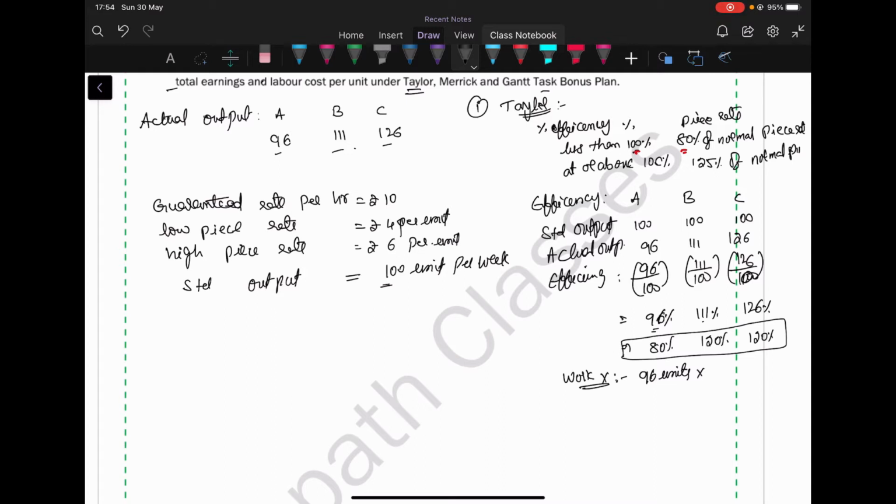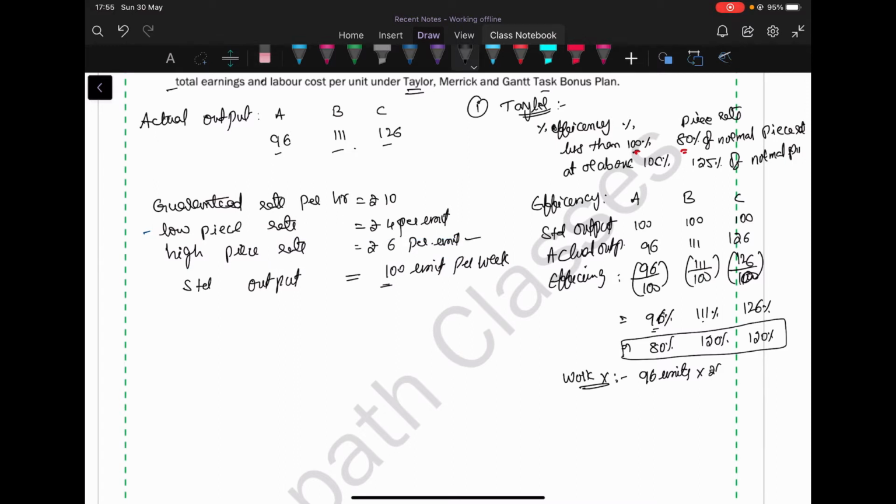Where is the rate given? Normal rate is given. This is 6 rupees. The other one is the low rate. Low rate we don't consider, only this rate we will consider. This is the normal rate, 6 rupees.